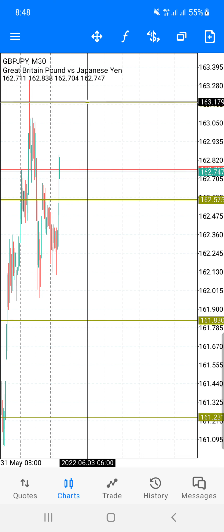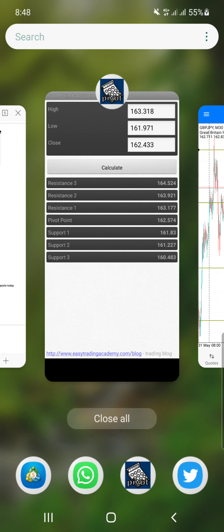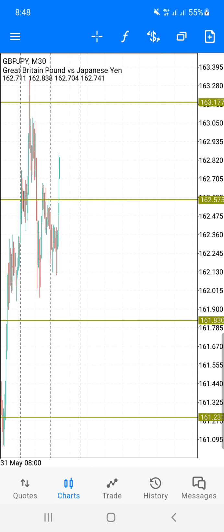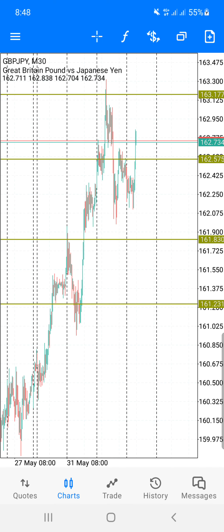I used the horizontal bar to mark it, which is this one. Now let's check resistance 2, which is 163.921. The value is very, very high, way above our chart, so we will leave that one.